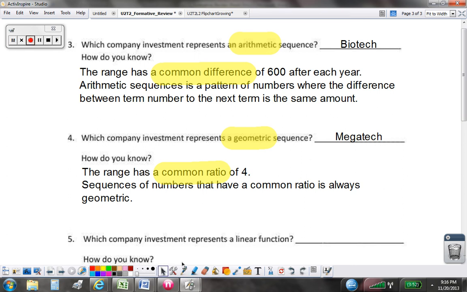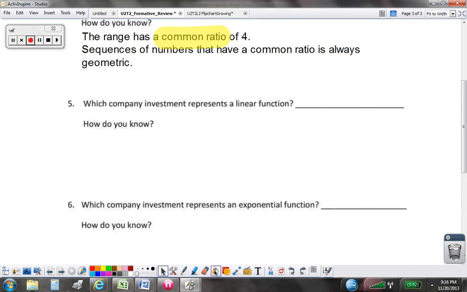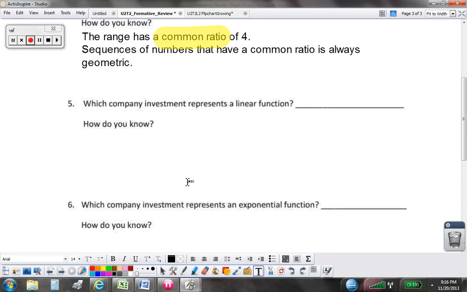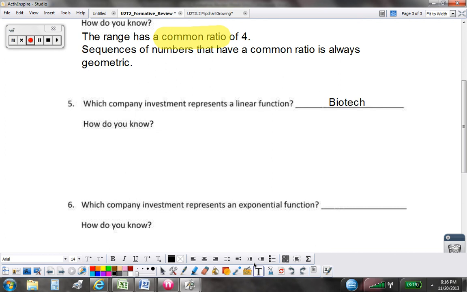Alright. We got more questions. Which company investment represents a linear function? Again, that would be Biotech. How do I know?